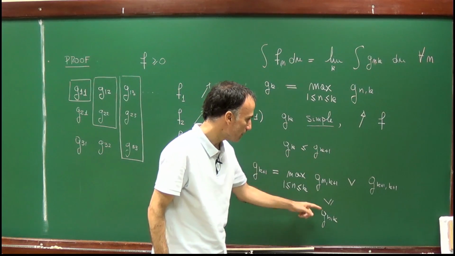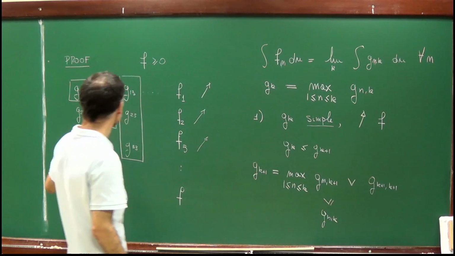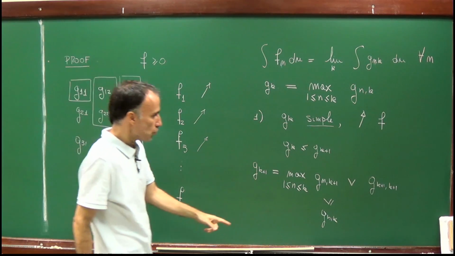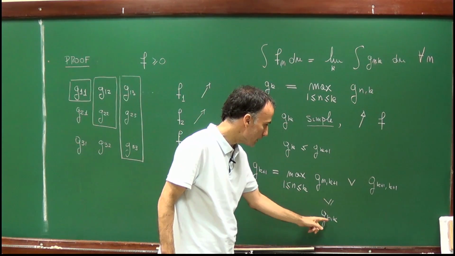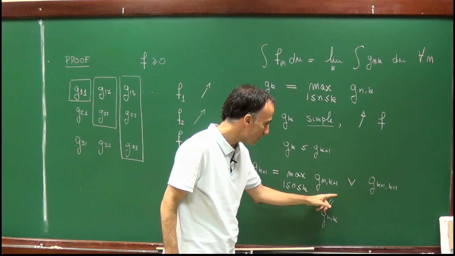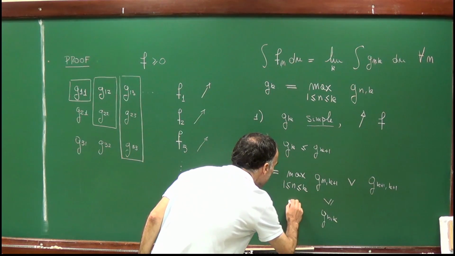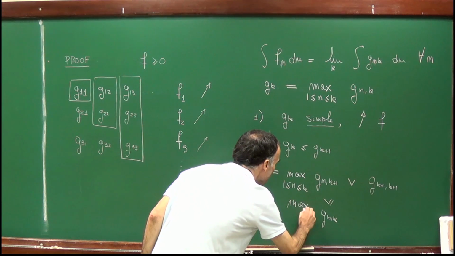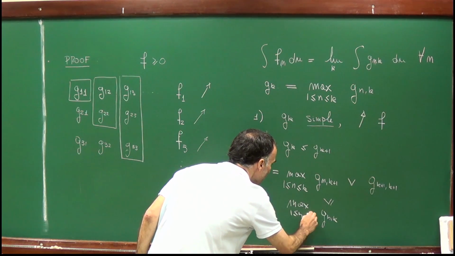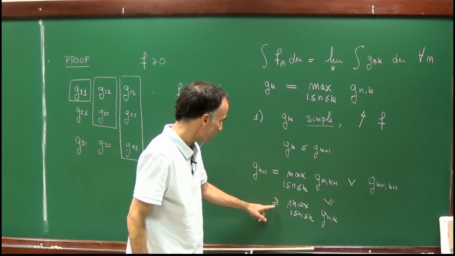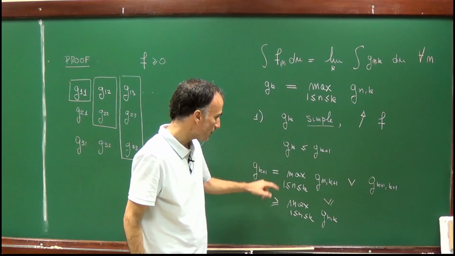If I fix a line, we have seen that along the line these sequences are increasing. So this means that for any n, g_{n,k} is less than or equal to g_{n,k+1}. Therefore, the maximum is less than or equal to this maximum.